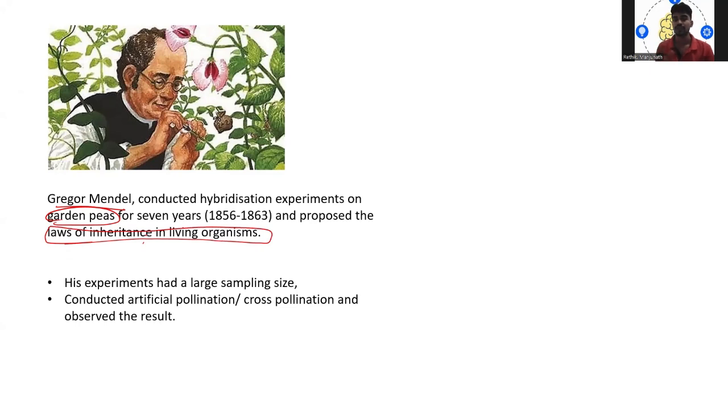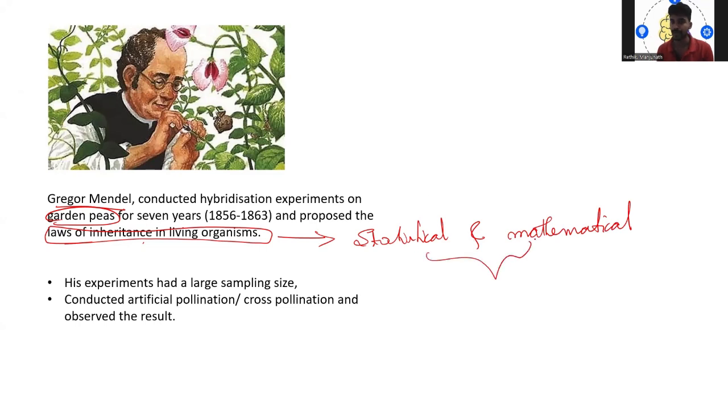So one thing was very similar, that while proposing this law, he considered two things. One is statistical analysis, and another thing was mathematical analysis. So these are the two things. He combined them, and for the very first time in biology, these two things were applied.